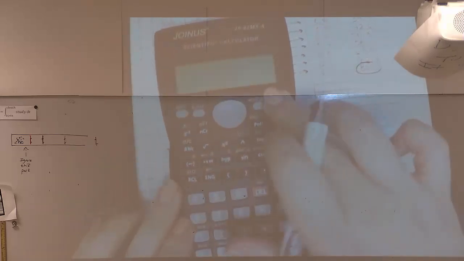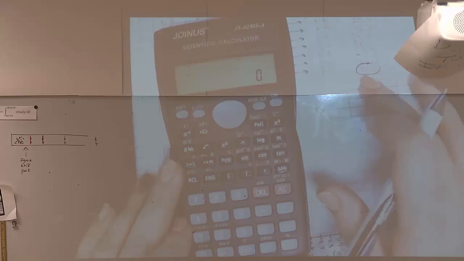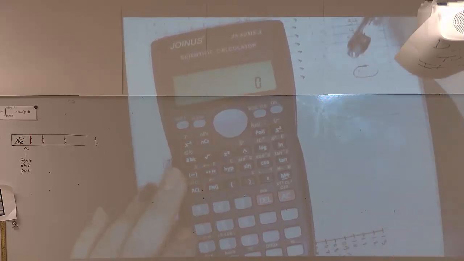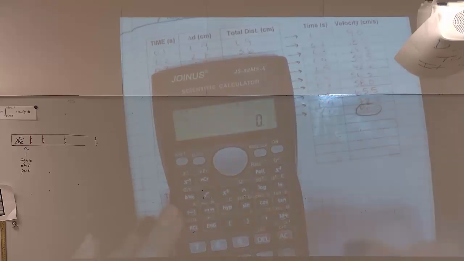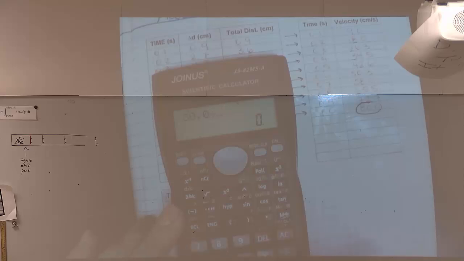So I'm going to take my calculator, and I'm going to do 80, that's my highest value, divided by 11 lines on my graph. 7.2727277.